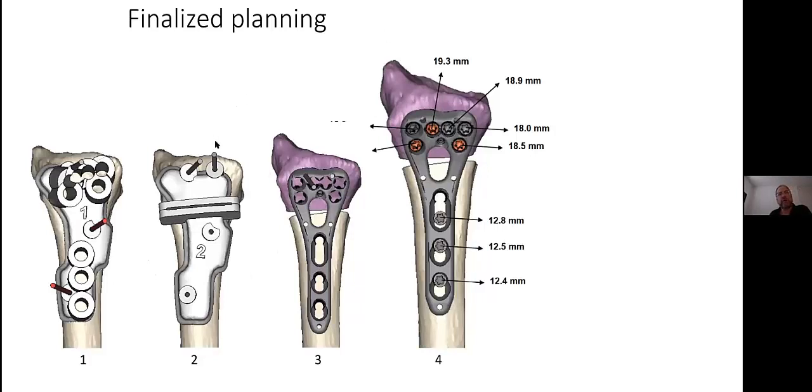So when you finalize the planning, you know how you want it to be, then you know where you want to screw. You can plan the channels or the holes for the screws, and you can make the guides so you actually get the position you want.